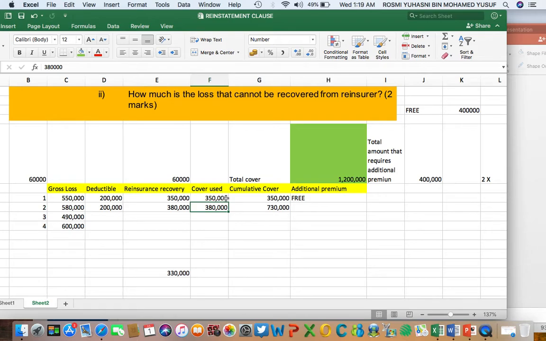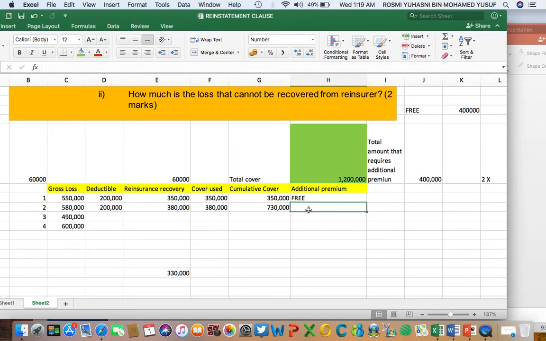So meaning that 350 plus 50,000, 400,000 is free. But over here, the second claim, they have used 380. So they don't have to pay for 50,000 of this amount. 380 minus 50,000 is 330.